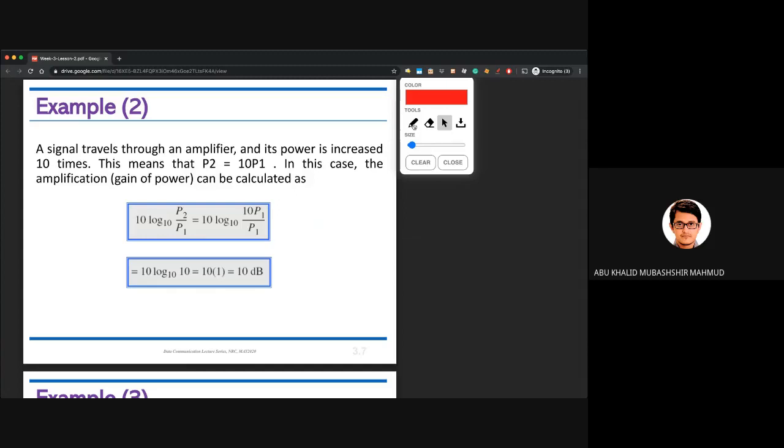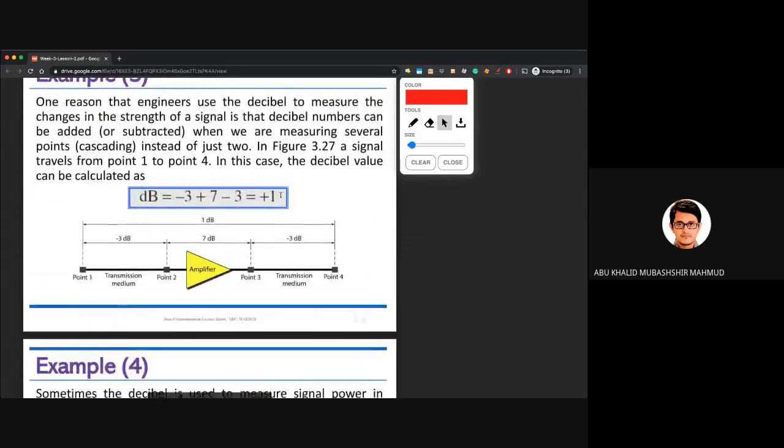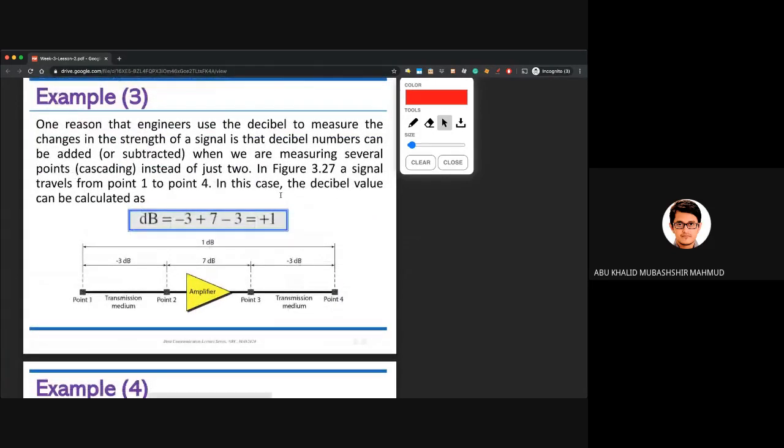Now here, we get several points, and at the last we decide if the signal has gained strength or lost strength from the starting point to the ending point, that is point 1 to point 4.